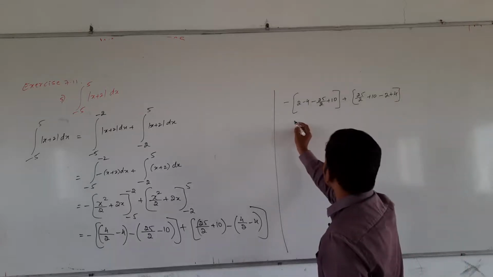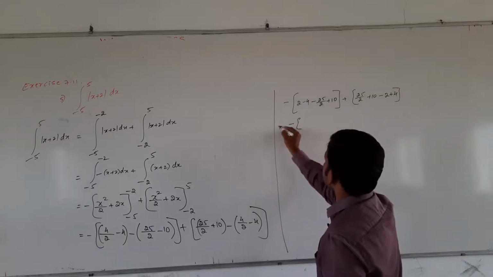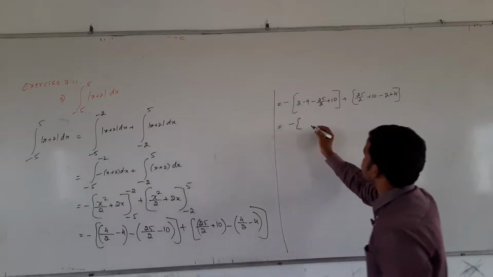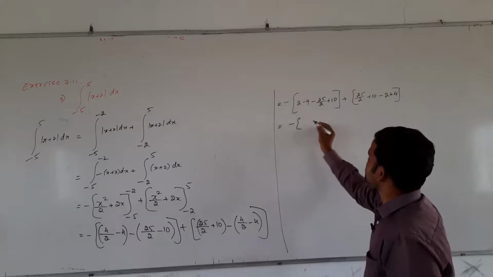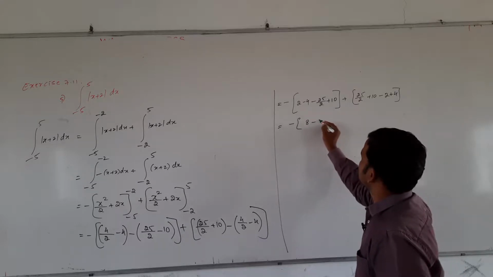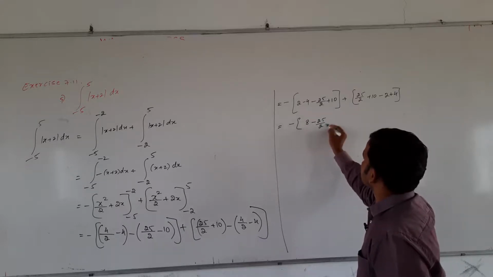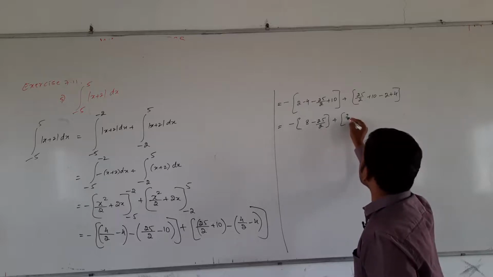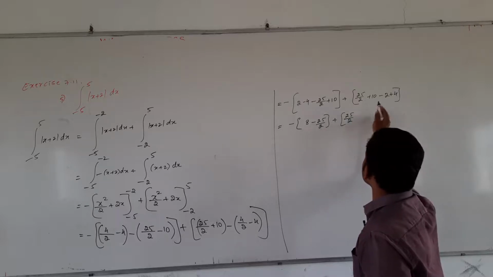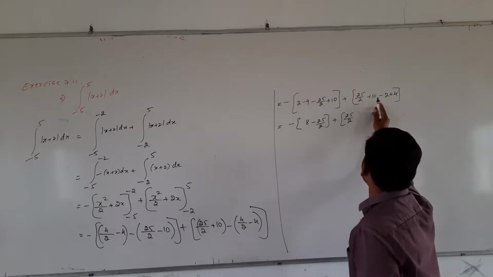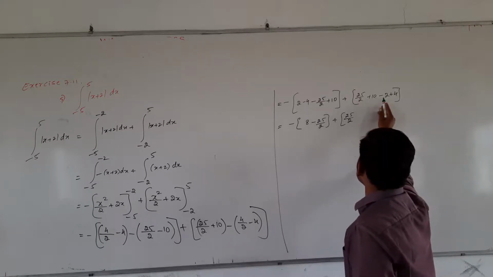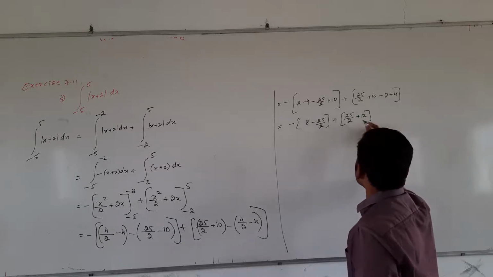That says here minus of, here equal to is that minus of 2 minus 4 minus 2 plus 10 plus 8 minus 25 by 2 plus of, here 25 by 2. This is 10 minus 2, 8, 8 plus 2, 8 plus 4, 12.